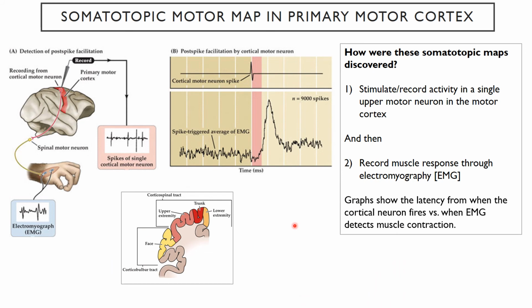How do we know that there's a somatotopic map in primary motor cortex? Well, these are old experiments, and this kind of experiment is still used today.